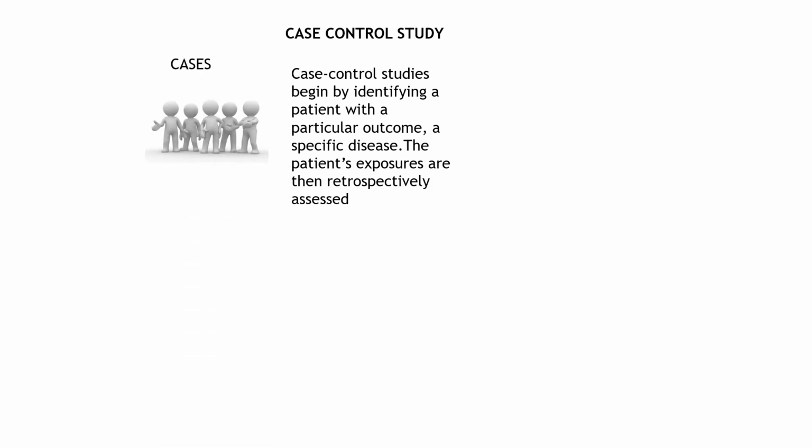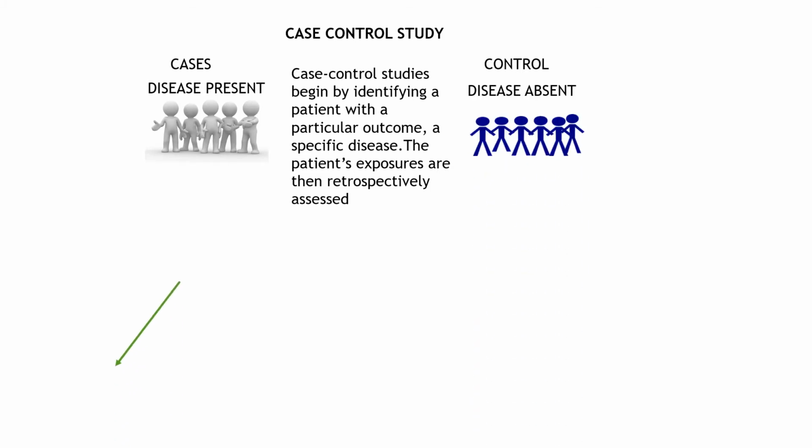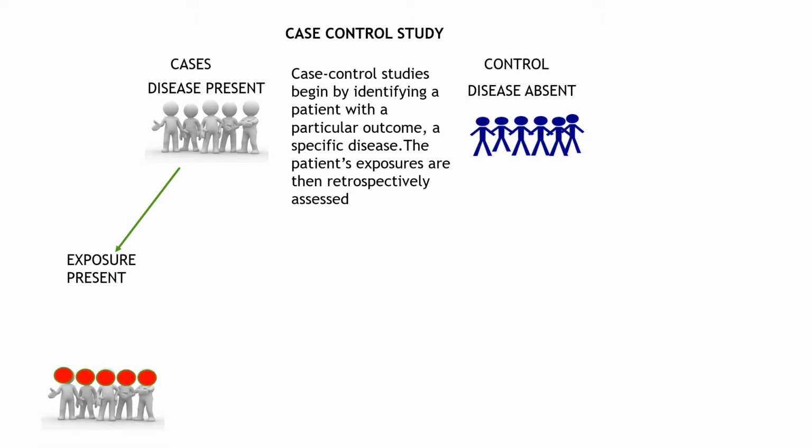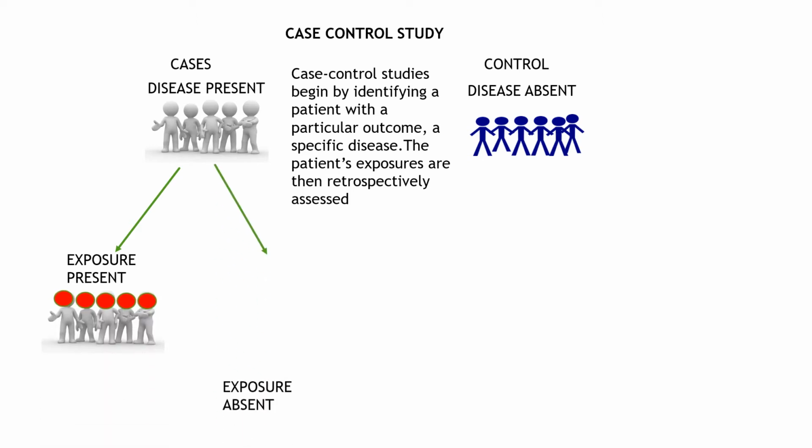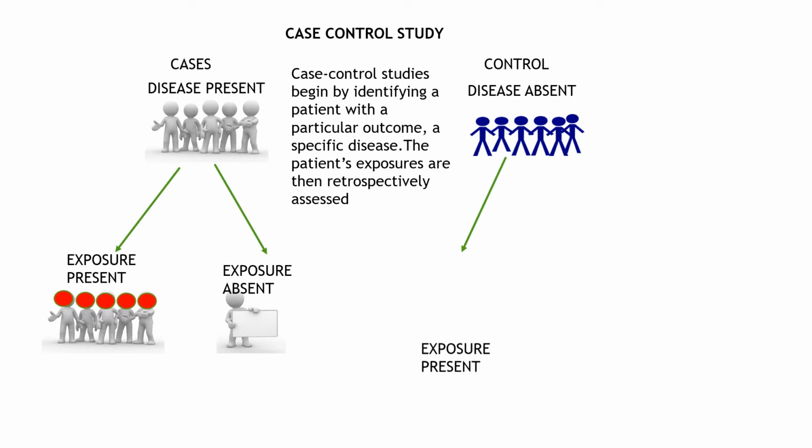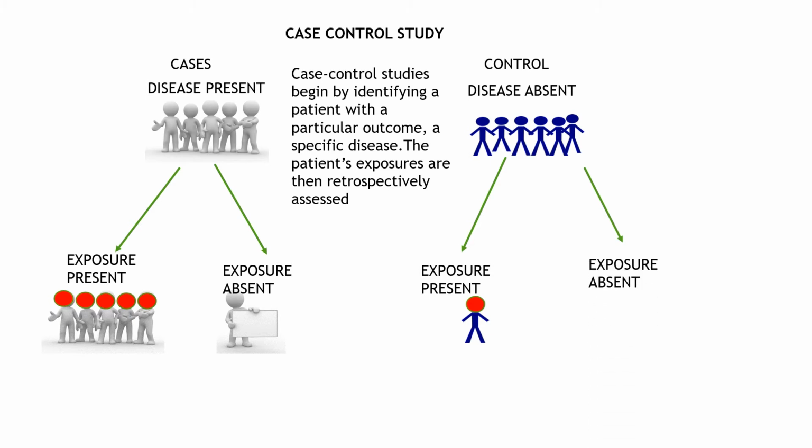There is a group consisting of the cases where disease is present, and there is another group, the controls, where the disease is absent. In the cases, some of them have the exposure and some have no exposure. In a similar fashion in the controls, in whom the disease is absent, some may have exposure and some may not.